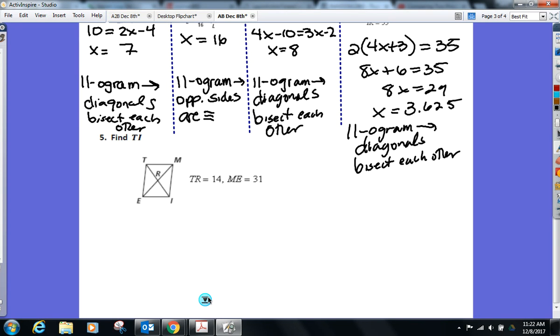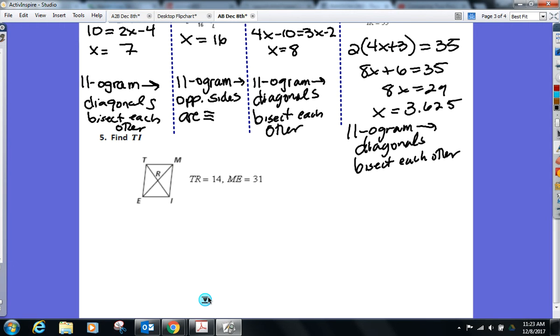And 5. I think I gave you a little too much information there, so don't think you have to involve everything. I'm looking for finding TI. Find the length of diagonal TI. I told you TR is 14 and diagonal ME is 31. So Heaven, need somebody? Any ideas how I can get to TI there, Will?